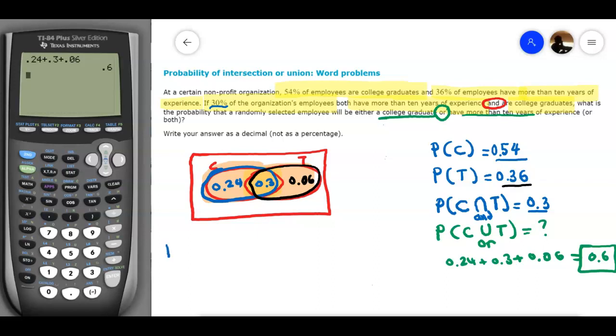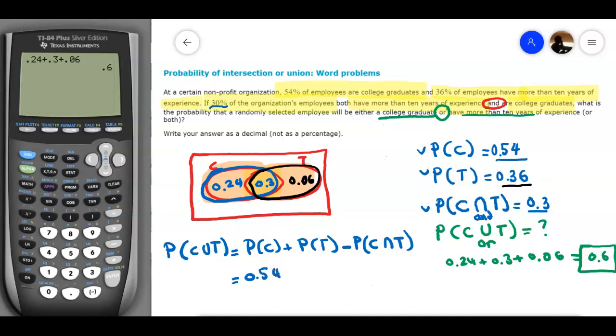The probability of C union T is in fact equal to the probability of C plus the probability of T minus the probability of the intersection, C intersect T. You notice we have all of these, so we can just plug them in. So this is going to be 0.54 plus 0.36 minus 0.3.